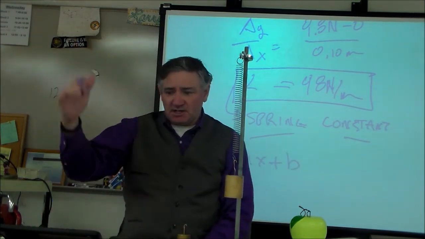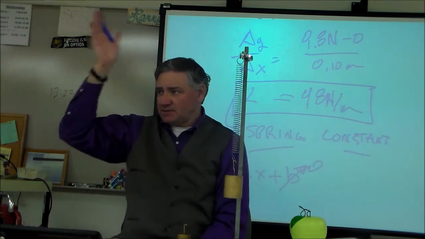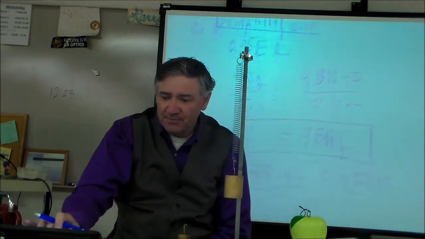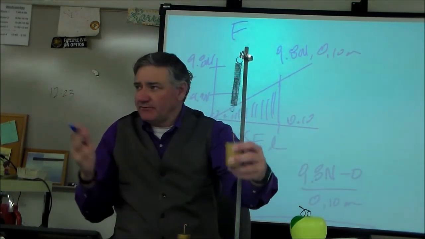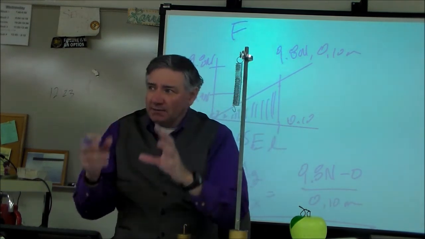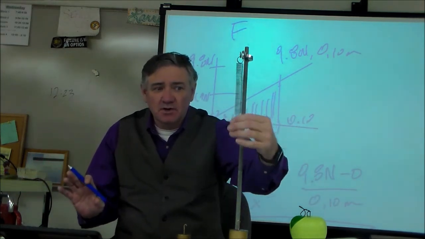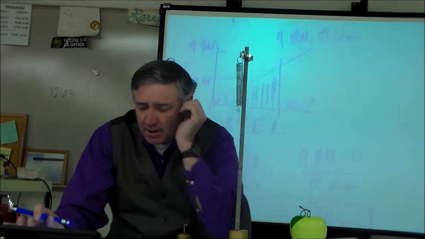So finding the area is going to be easier because there is no y-intercept. On spring graphs, the y-intercept is going to be 0, because if I don't apply a force, I don't have any elongation. So I only get an elongation if I apply a force, okay? If I don't apply a force, I don't have an elongation. The more force I apply, the bigger the elongation becomes.